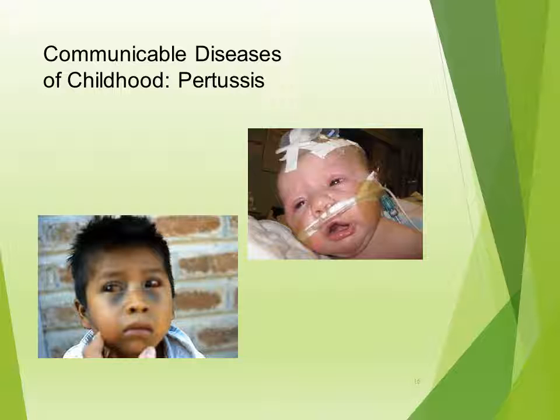If you look at our little Hispanic boy at the bottom of the page, look at those conjunctival hemorrhages in the eye. It can also cause fractured ribs. The children cough so hard. It can cause bleeding into the lungs, pulmonary hemorrhage, and it can even cause rectums to prolapse because of the intense coughing.